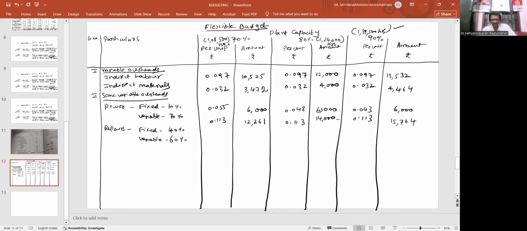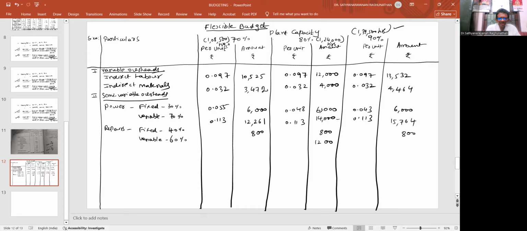So towards fixed, 2,000 into 40%. Use the calculator. 800. Okay. The remaining 1,200. Okay, fine. Now 800 remains constant at all levels of capacity. 70%, same 800, 90% also 800.